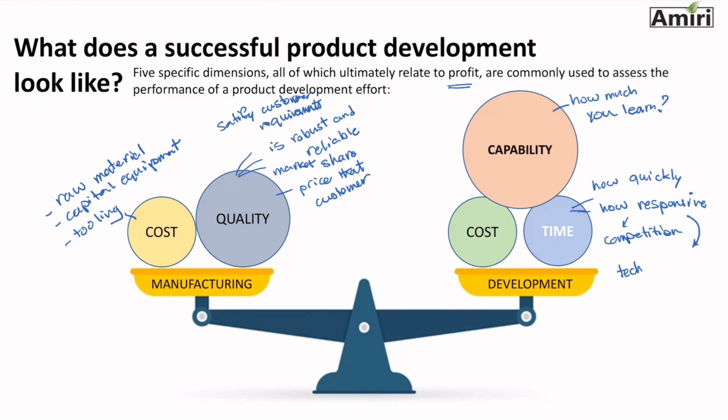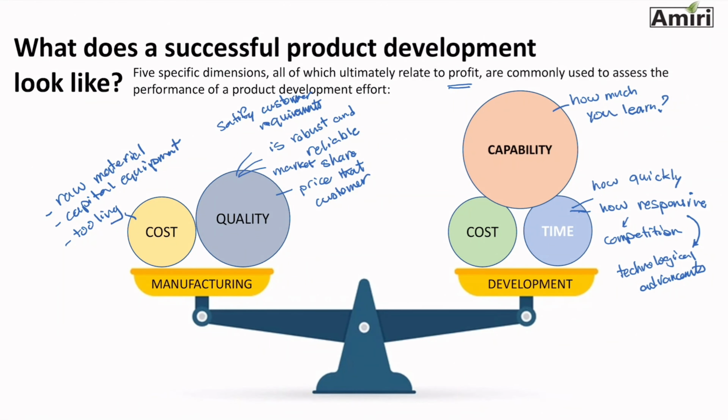Some products might take 2 or 3 years, or 18 months, to develop. During that time, the technology that you're developing is going to evolve. What is available to you is going to evolve. And what your competition is doing is going to evolve. So this is how quickly you can respond to those changes and to the dynamic that is happening around you, the technological changes or advancements.